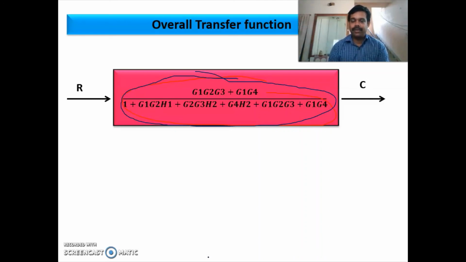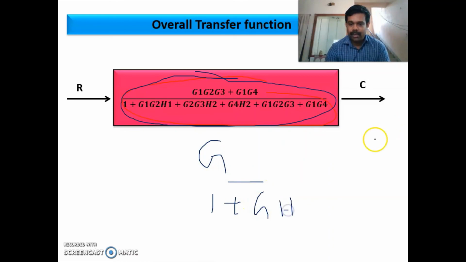Step by step, you should move, and correctly you have to apply the rules. You have to eliminate whenever you are having feedback. You should be careful. You have to check whether it is a positive feedback or negative feedback. If negative feedback, it is G divided by 1 plus GH, and if it is positive feedback, then 1 divided by 1 minus GH. Okay. So you should be careful.